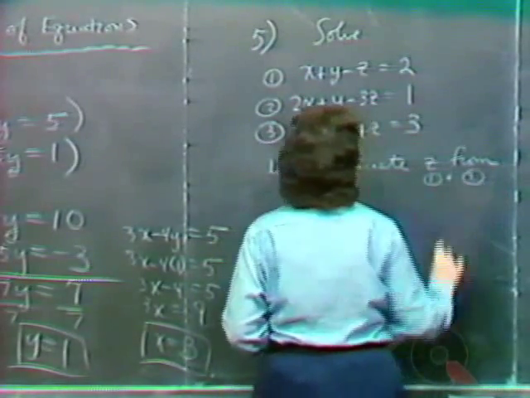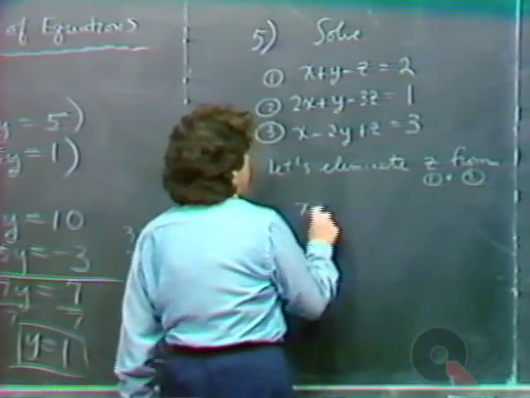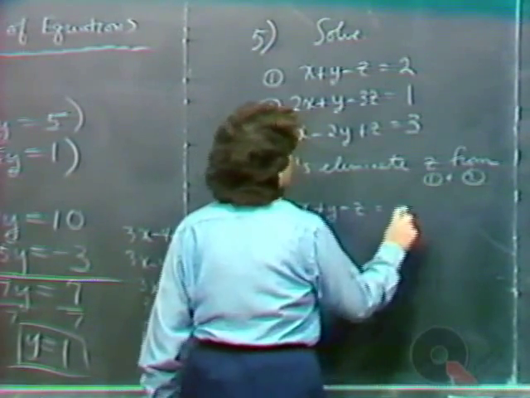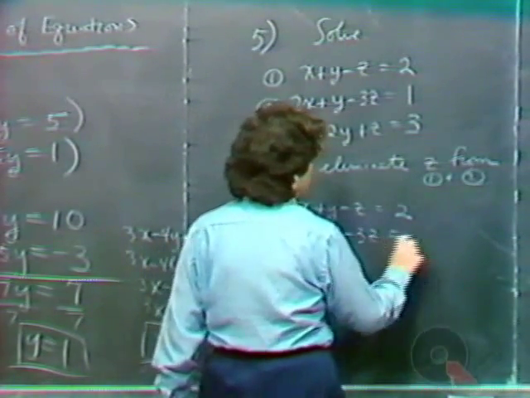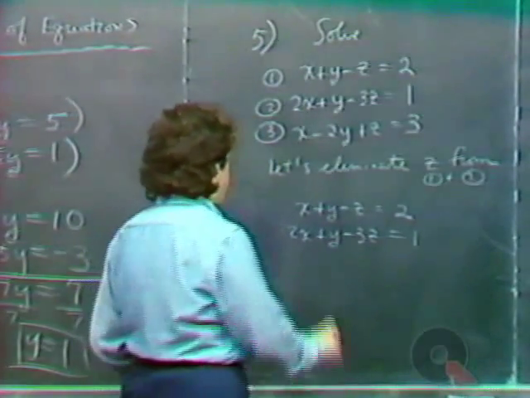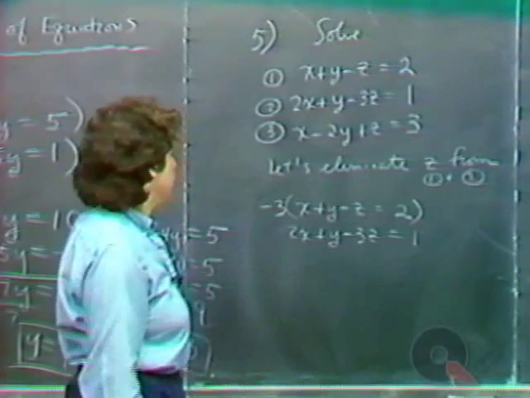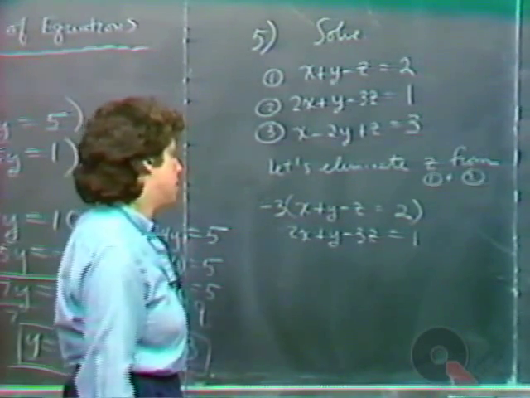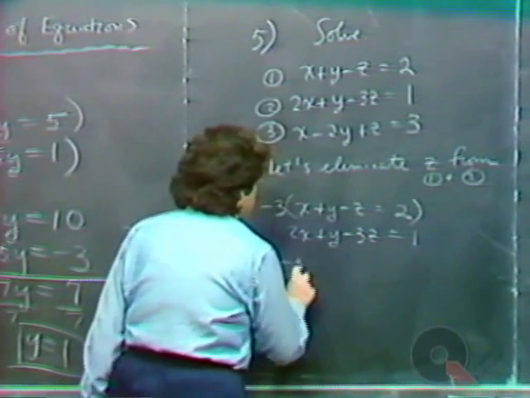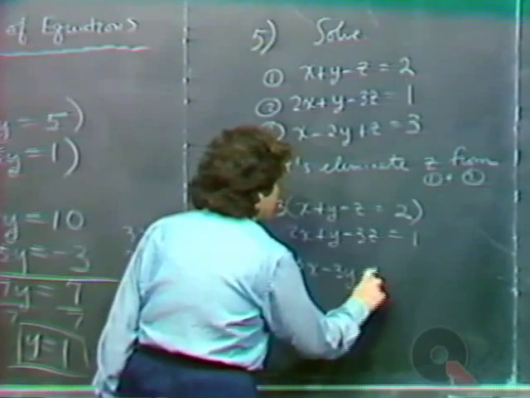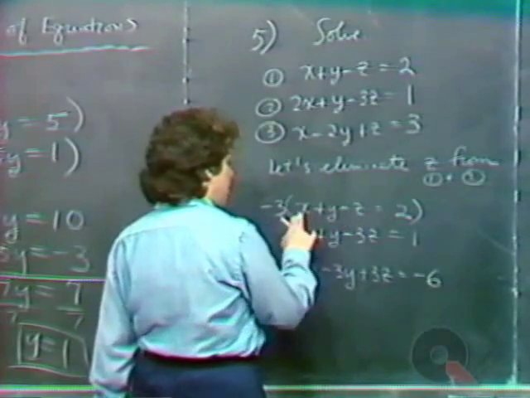equations 1 and 2. To do that, I have x plus y minus z is 2, and 2x plus y minus 3z is 1. I can accomplish that by multiplying the top equation by minus 3. That's minus 3x minus 3y plus 3z is minus 6, being sure to multiply each term by the minus 3.